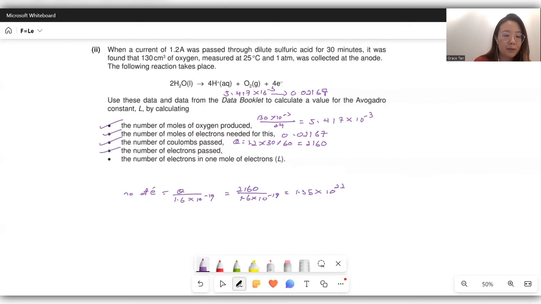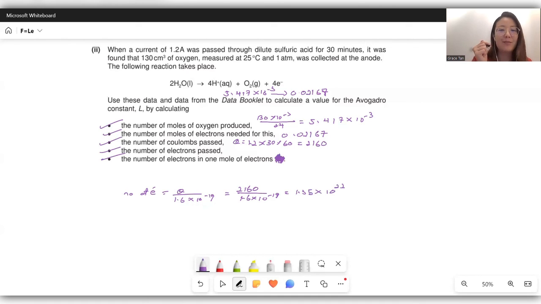Last one, number of electrons in 1 mole of electrons. Now, I just want you to imagine, what if the examiner did not give you the bracket L? Do you understand what is the number of electrons in 1 mole of electrons? I hope you know what it means.